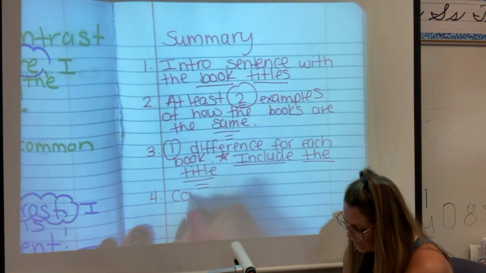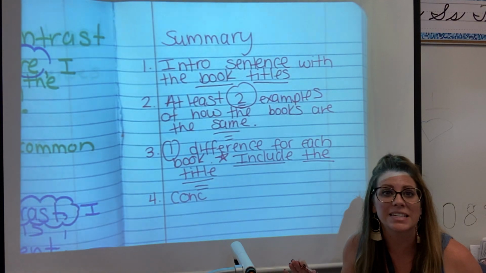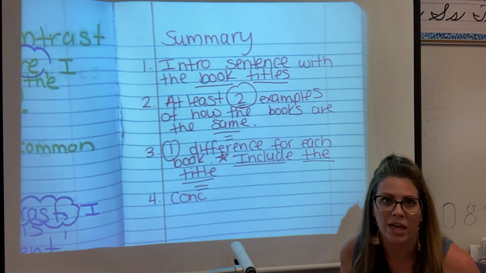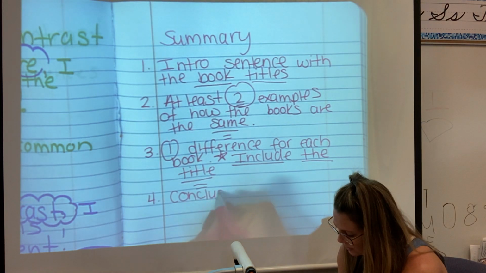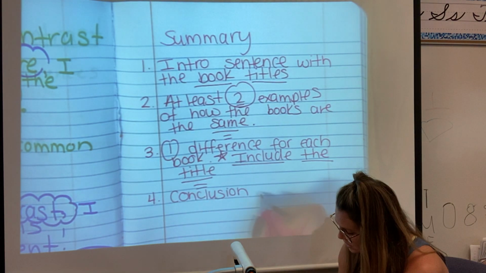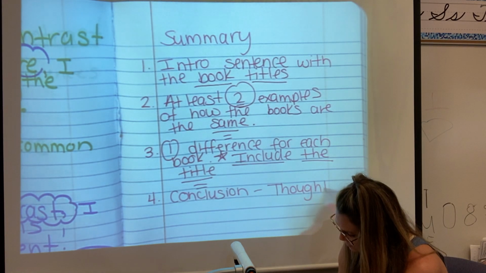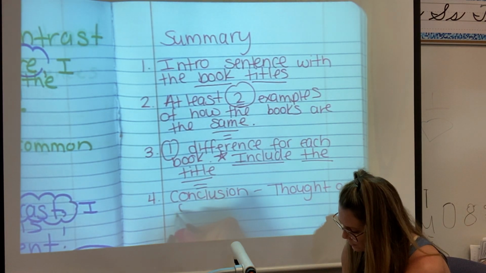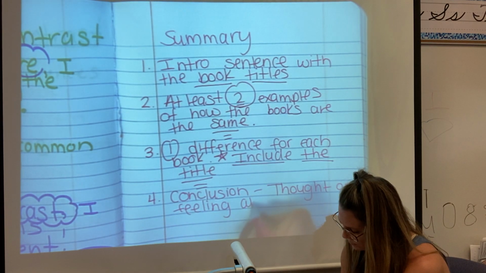You know me, I love writers that tie it up with a pretty bow. They end it nicely and not with "the end." My least favorite. So then you're going to have a conclusion, and that's just going to be your thought or your feeling about the books.